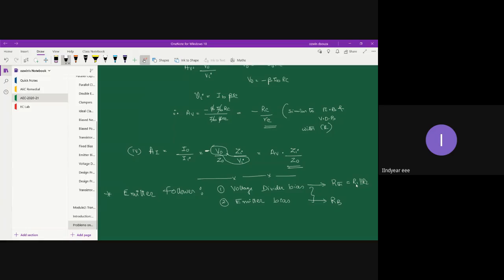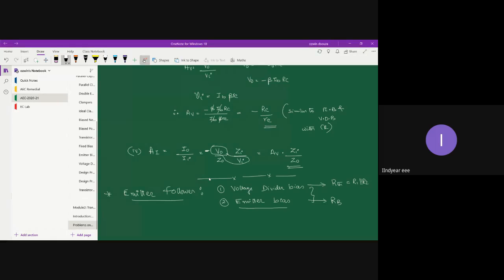But in the exam, we don't know what they will ask. So I will do the emitter follower circuit on emitter bias basis, that is, the emitter follower with emitter biasing network. You can try out the voltage divider bias circuit as well. It gives the same results.